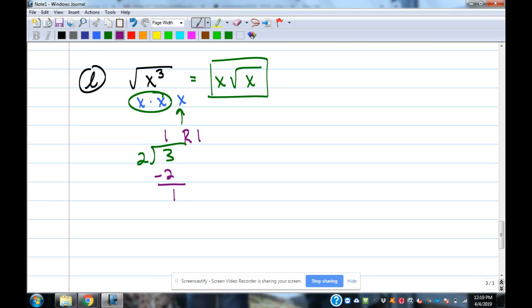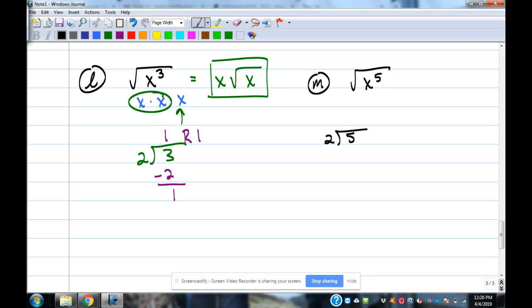Here's what that means. This 1 that was the quotient, that's the one x that's out here. This remainder is the one x that's on the inside. Let's look at how it works for maybe x to the 5th power. If I do that same math, instead of writing out 5 x's and circling pairs, I say 5 divided by 2, because I'm doing square roots, so I'm looking for sets of 2.